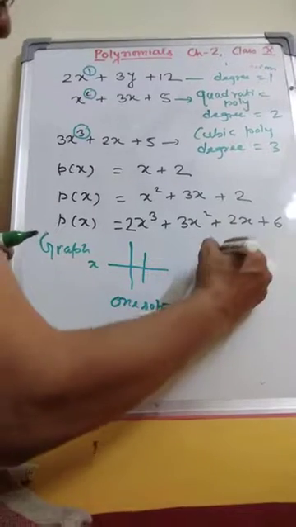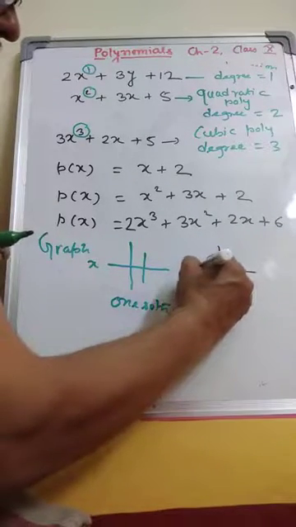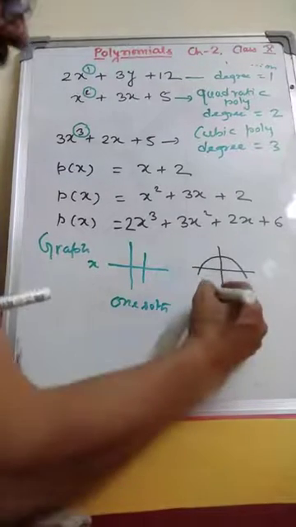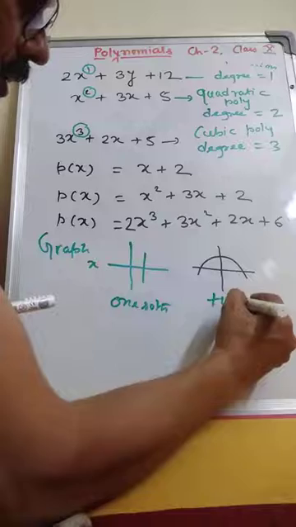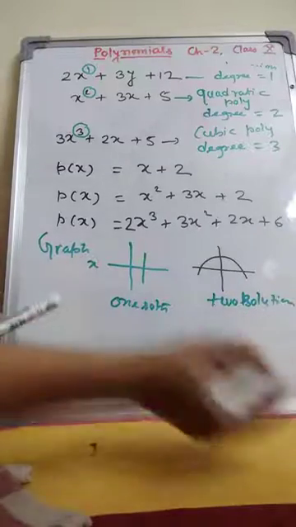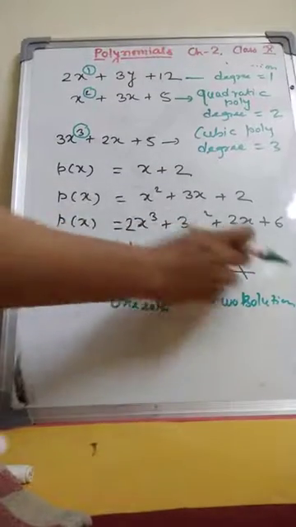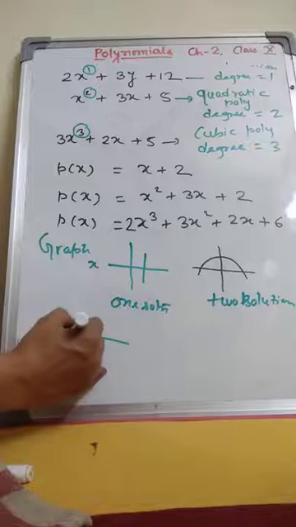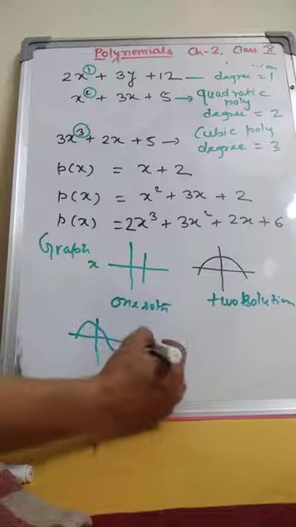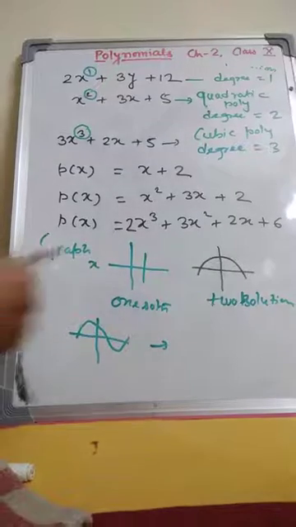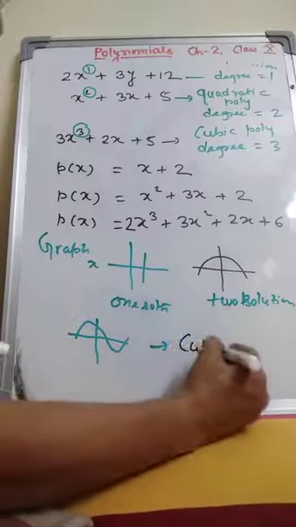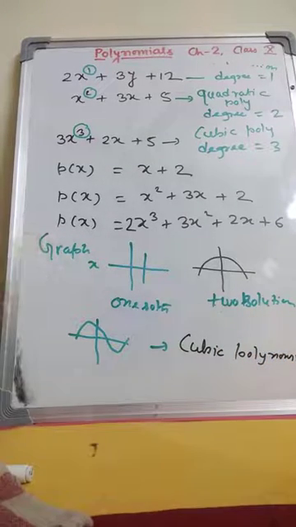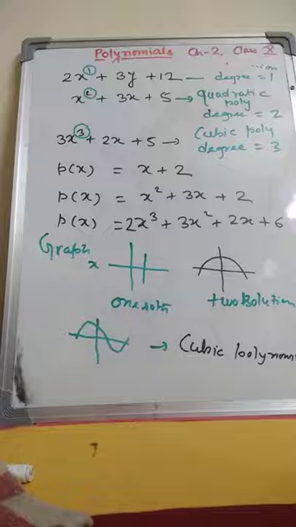And when the graph is like this, then it will have two solutions, because it is intersecting the x-axis at 2 points. When the graph will be like this, then it is known as a cubic polynomial. Now these are the introduction part.